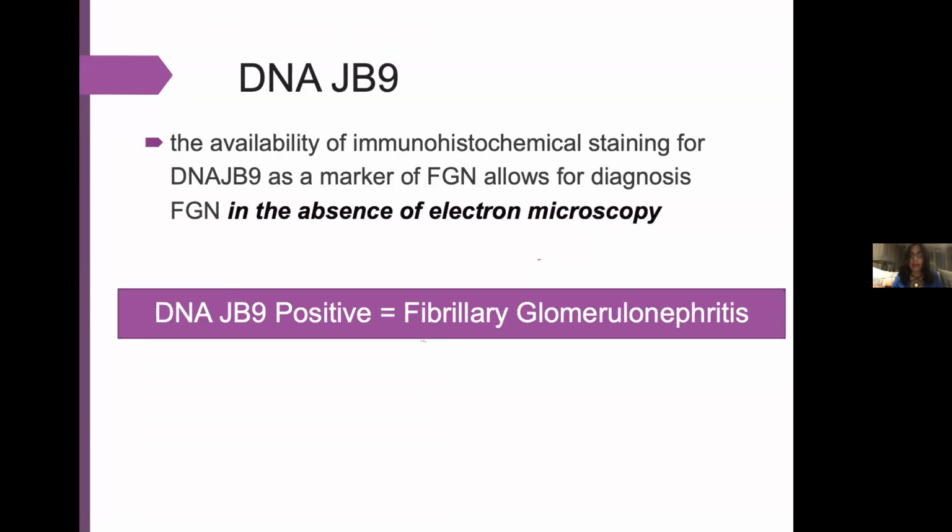So you can fairly say that DNAJB9 equals fibrillary glomerulonephritis, and this is a very reliable marker for the diagnosis in the absence of electron microscopy. Of course, this is really a huge jump in the diagnosis of this disease, and we will probably find more cases.